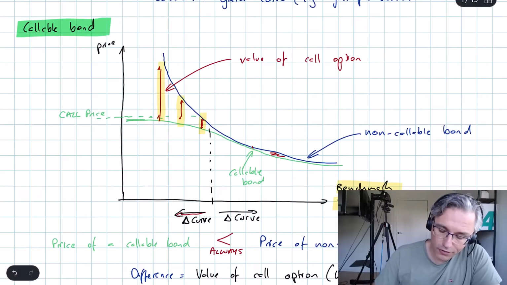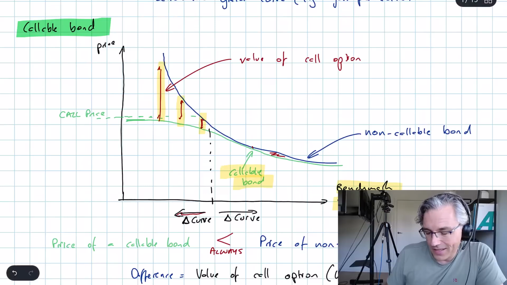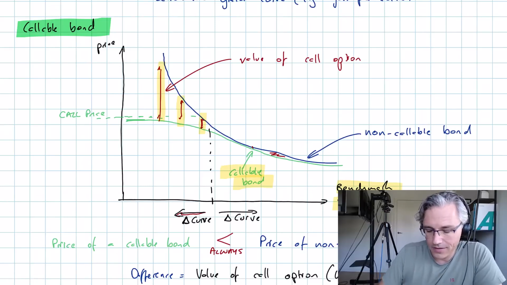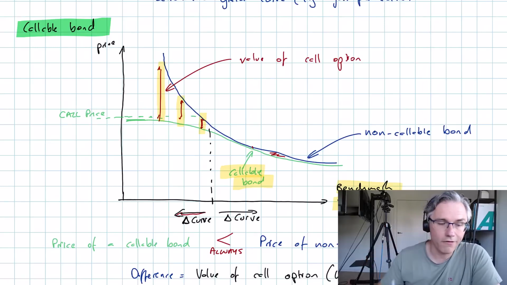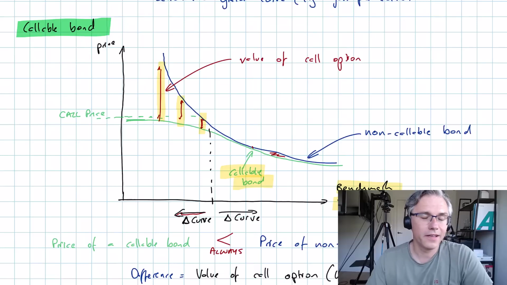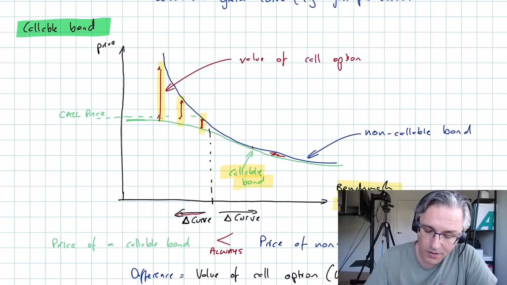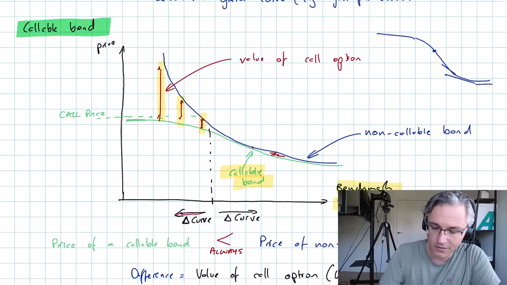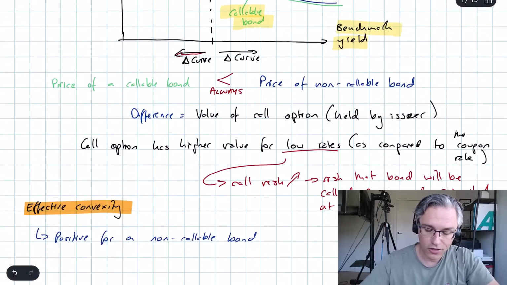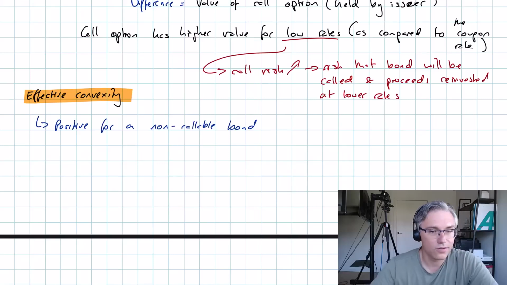However, for the callable bond, which I've got down here in green, it is convex at higher rates, but then there is an inflection point and it changes to being actually what in mathematics we would describe as concave. However, your text talks about this as being negative convexity. So basically the shape goes like this, and the inflection point I was referencing is somewhere here. It goes from having a slope that looks like this to having a slope that we draw on the other side of the curve.